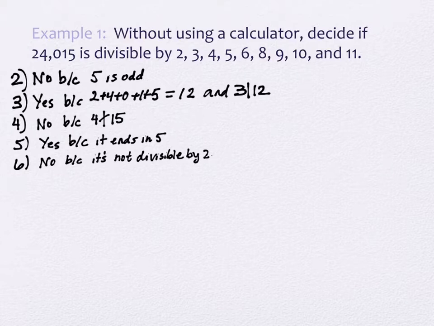8. No, why not? Yeah, the last 3 digits. So the last 3 digits are 0, 1, 5, right? And does 8 divide 015? No. So the divisibility rule for 8 is fine and it works.